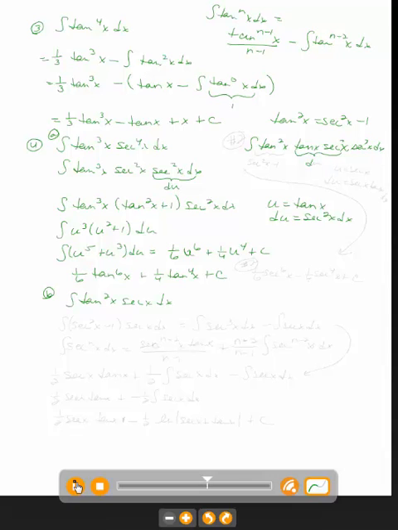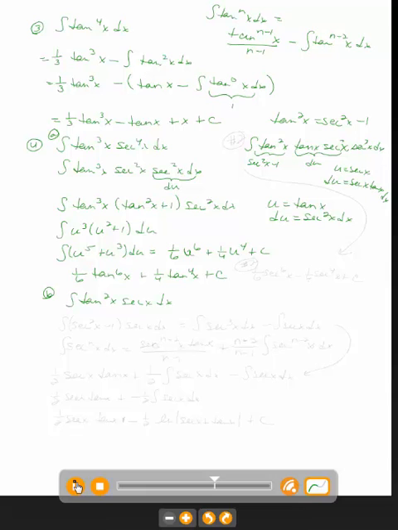I would have used these for my du, and that's the derivative of the secant. It's the secant tangent. So then I would change this to secant squared of x minus 1 and do all my u's as secant of x and my du's as the secant tangent. And that would get me the same. It would still work out, but the result would look totally different.